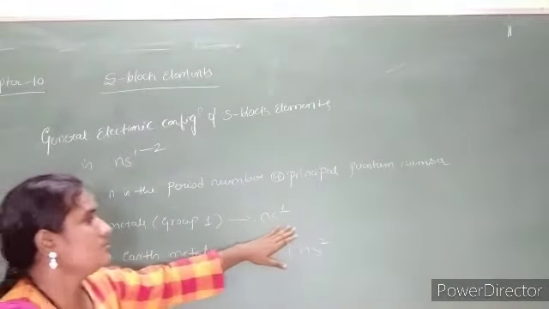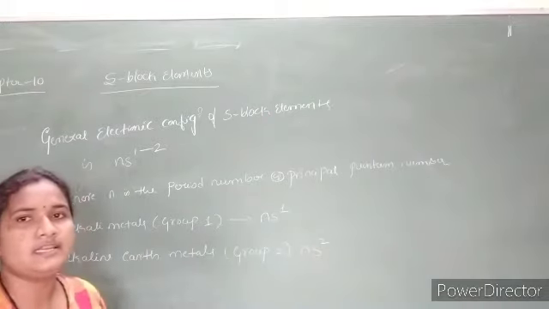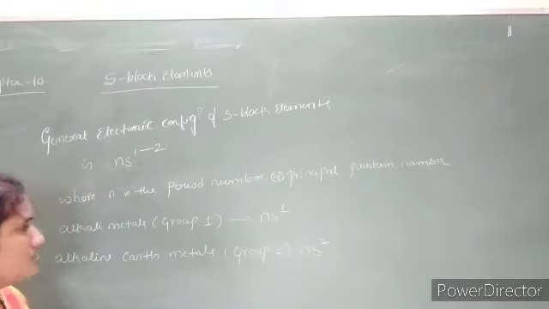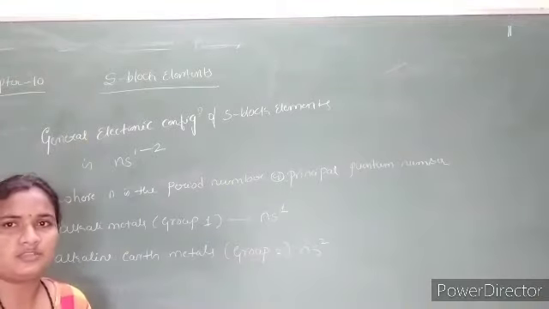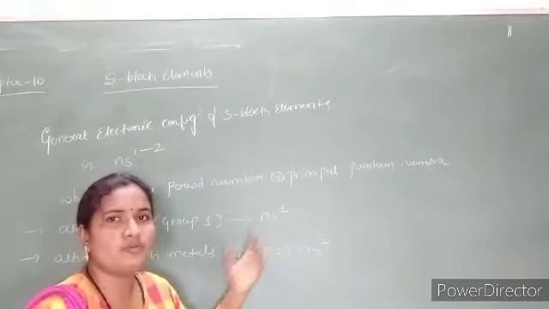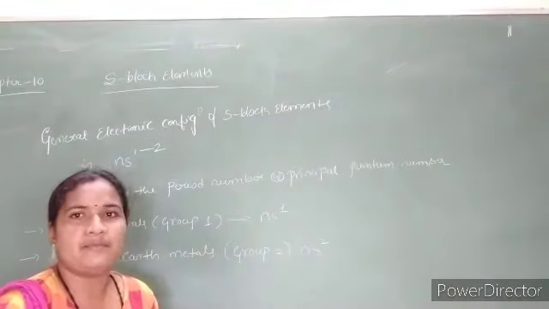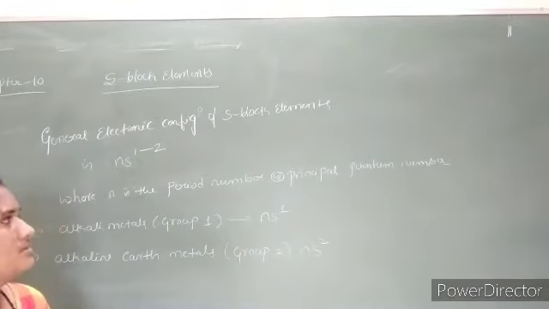So alkali metals show monovalent nature and alkaline earth metals show bivalent nature. Okay, so this is about group 1 and group 2 elements and the general electronic configuration of s block elements.